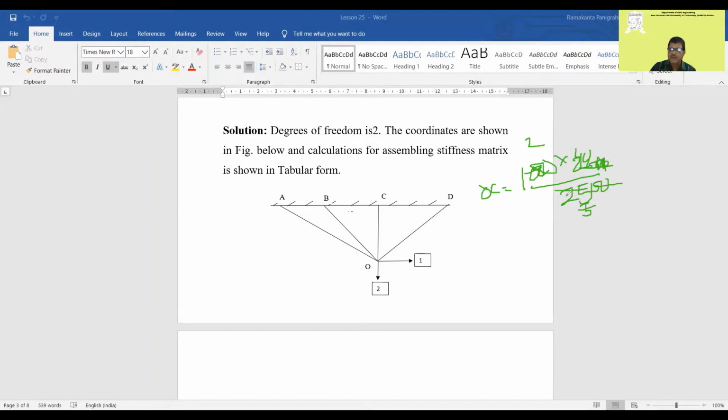So you can find the value. It comes around 80. 1000 into 200 divided by 25, so 5 by 2, 40 into 2, it will come around 80. So we find the member OC comes around 80.